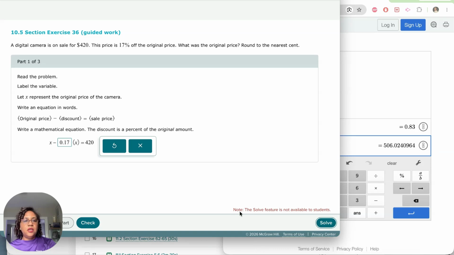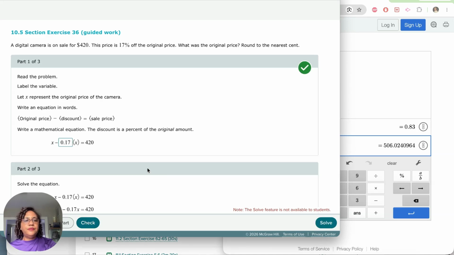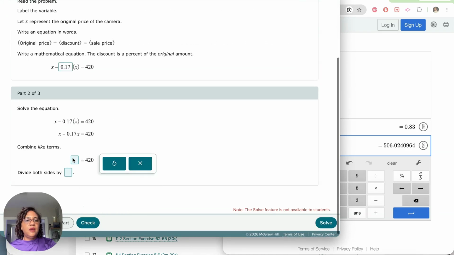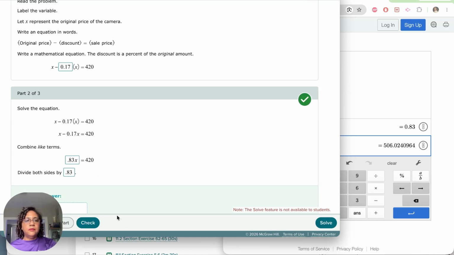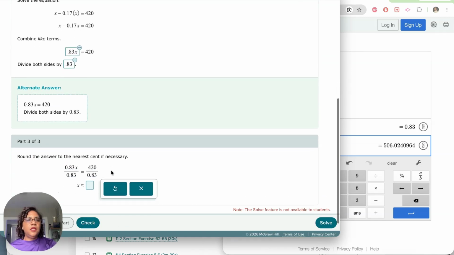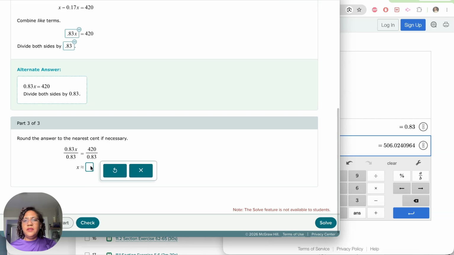So let's look at it solved. Oh, maybe it's not going to let me look at it solved. Oh, it's making me check that part. And then combine like terms, you get 0.83x. Divide both sides by 0.83. And then, what was it, $506?